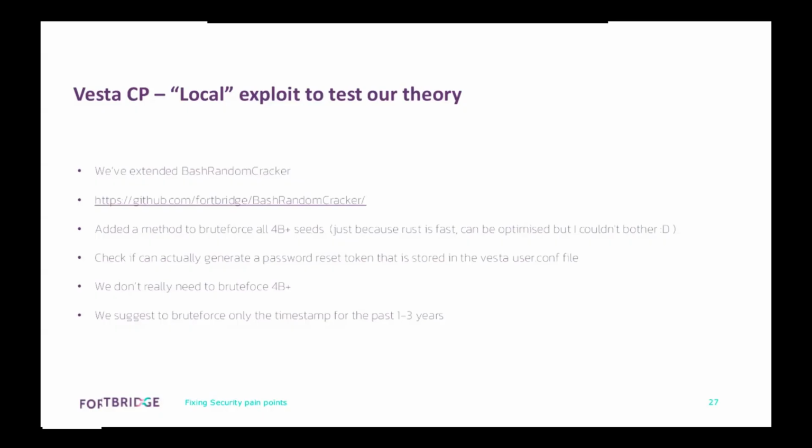The idea that I proposed here was to just brute force, let's say, the last 3 years. Why 3 years? I think it's a reasonable assumption to say that the control panel was either set up in the last 3 years or that the admin did the password reset in the past 3 years.